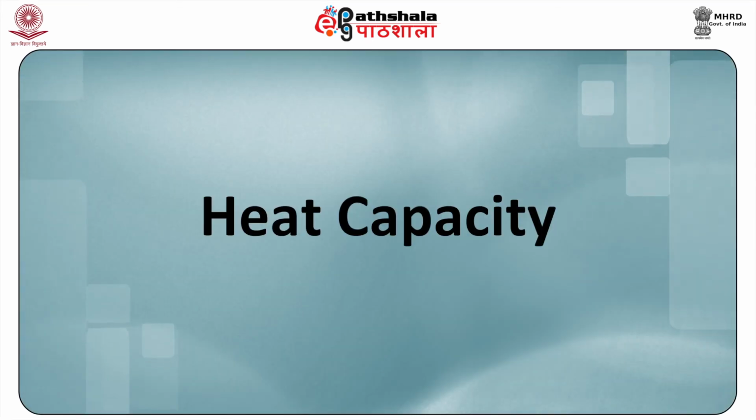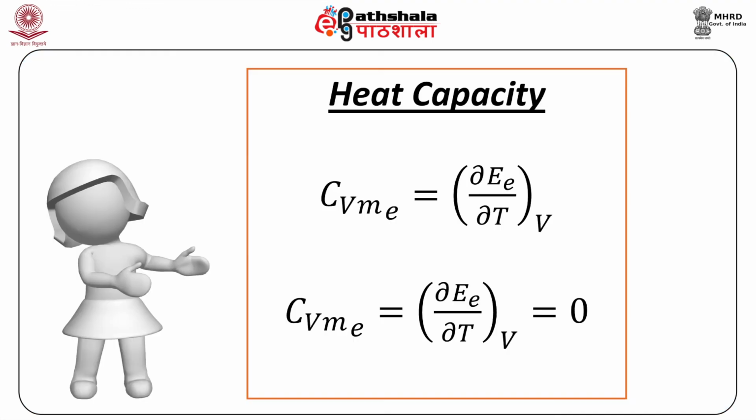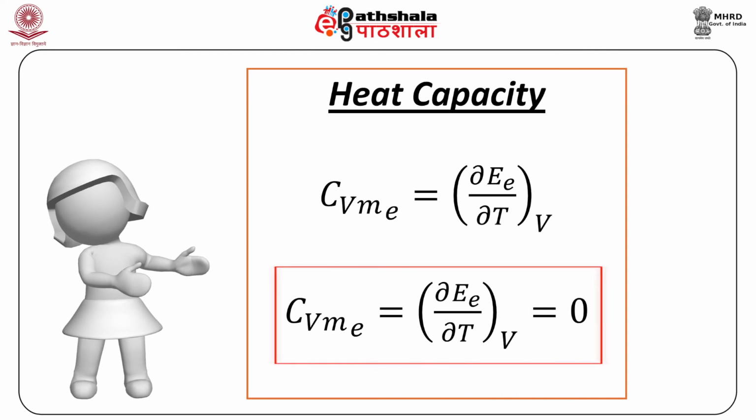Heat capacity, can you guess, will there be any contribution? No, because heat capacity involves differential with respect to temperature, and differential of any number with respect to temperature will be 0. Therefore, as you can see here in equation 30, molar heat capacity contribution because of electronic partition function will ultimately be 0. Similarly, there are other thermodynamic properties which we have talked about. You can calculate all of them using the same principles.